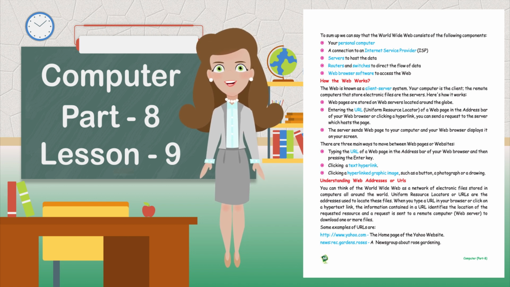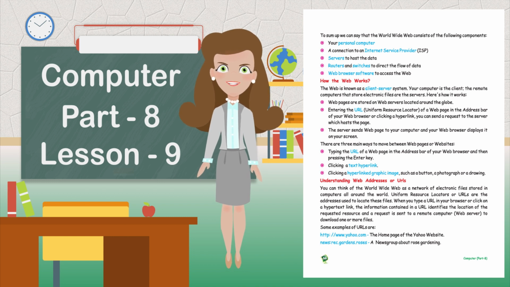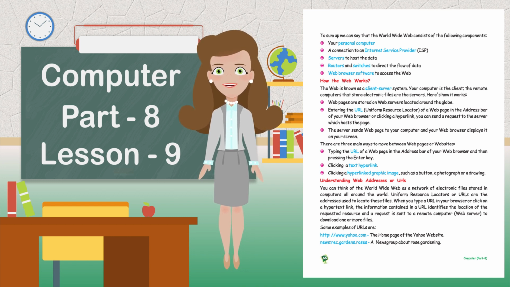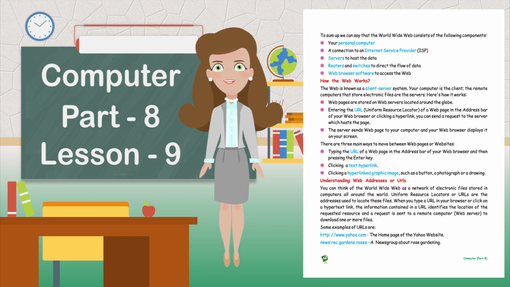By entering the URL, Uniform Resource Locator, of a web page in the address bar of your web browser or clicking a hyperlink, you can send a request to the server which hosts the page. The server sends the web page to your computer and your web browser displays it on your screen.